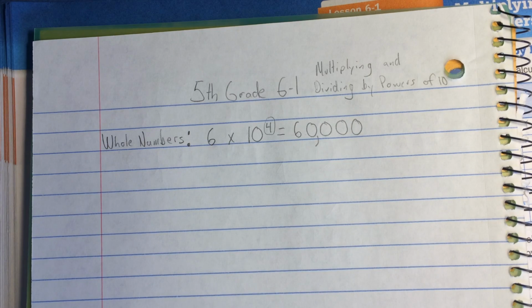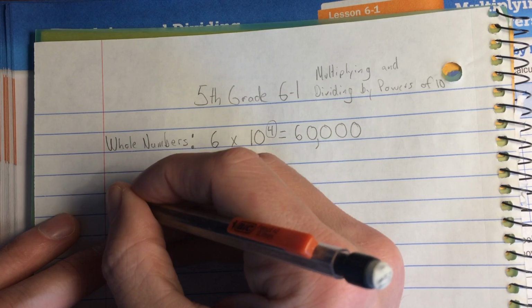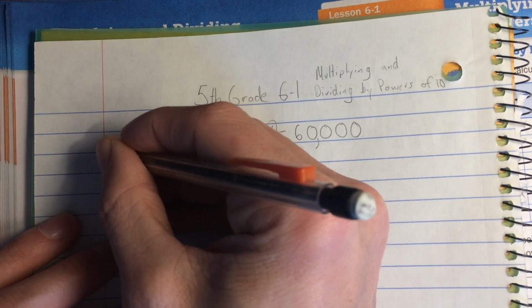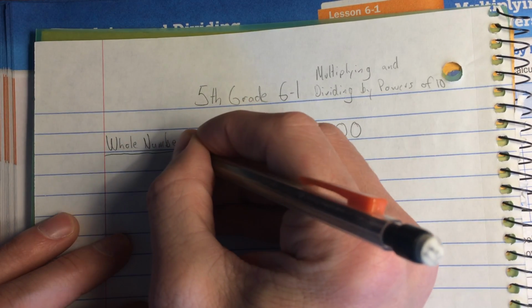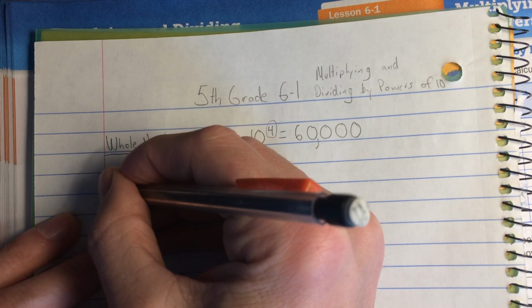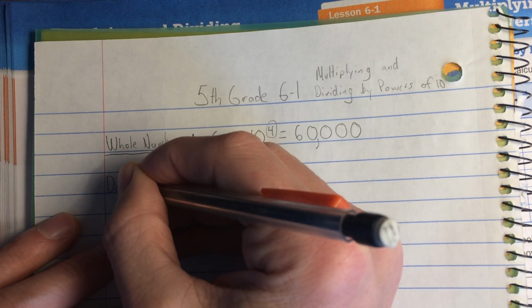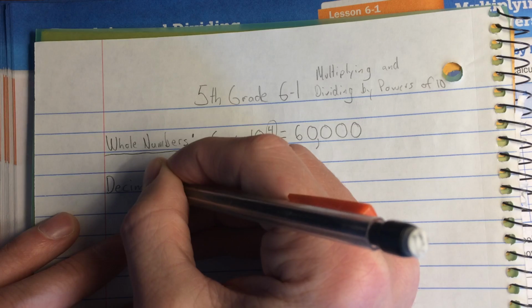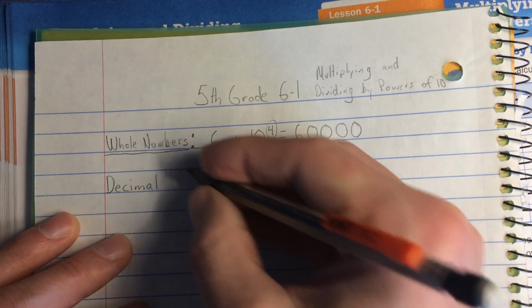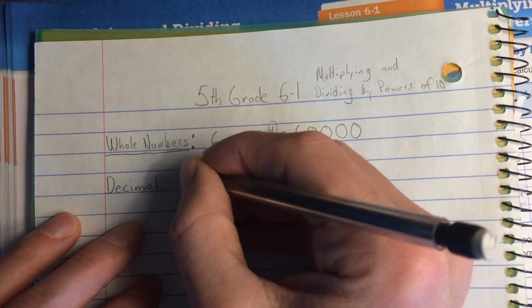Now here's the decimal way. Here's what we do. So I'm going to underline that. The decimal rule, I'm going to make it quick. We could really drag this out if we wanted, but I'm going to give you the quick hitter.